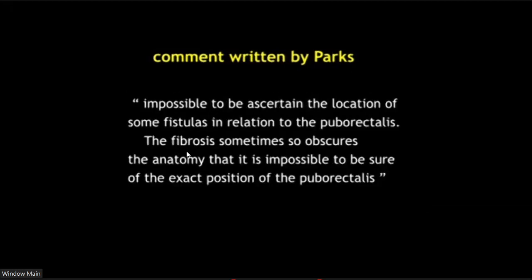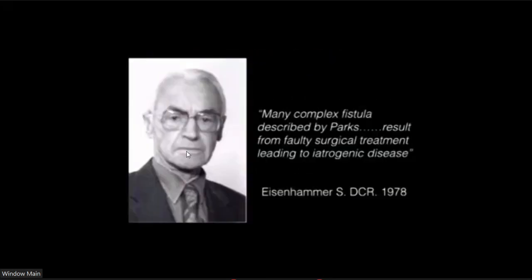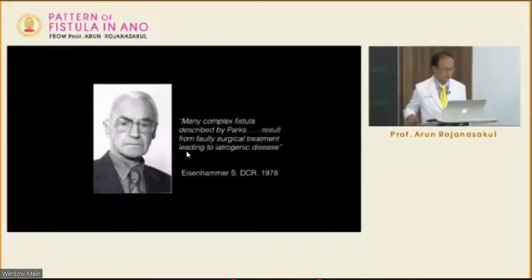He also said it was impossible to ascertain the location of the fistula in relation to the puborectalis. The fibrosis sometimes so obscures the anatomy that it is impossible to be sure of the exact position of the puborectalis. This was written by Parks himself. Eisenhammer, a person who attended Parks all the time, said many complex fistulas described by Parks result from faulty surgical treatment leading to iatrogenic disease.